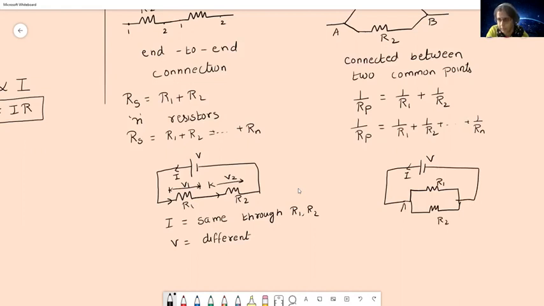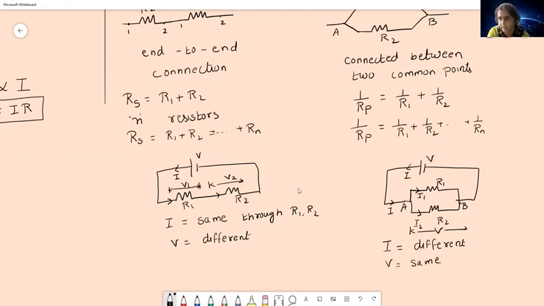They are connected between two common points A and B. So when I reaches here, I gets divided into two branches, I1 and I2. So the currents through R1 and R2 are different. In parallel connection, I is going to be different. But what about V? V is going to be the same.